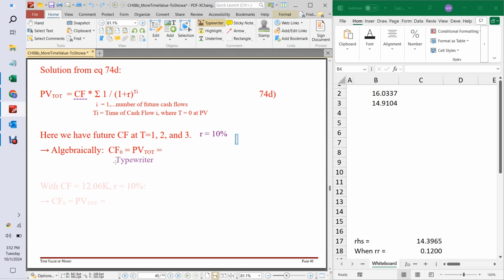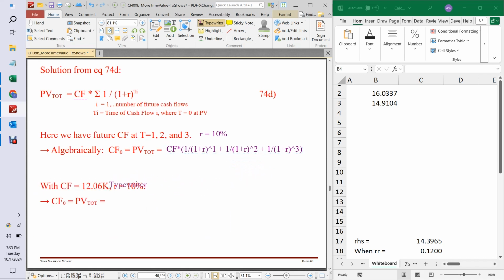Let's do it completely algebraically to start, so CF0 equals PV total. I'm just following this equation exactly for our 3-year mortgage. So I'm going to have 1 over 1 plus R raised to the 1 for the first payment, plus 1 over 1 plus R squared, plus 1 over 1 plus R cubed. So that's what we've got algebraically.